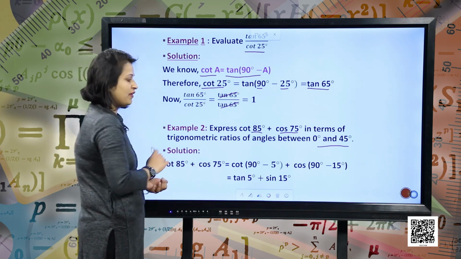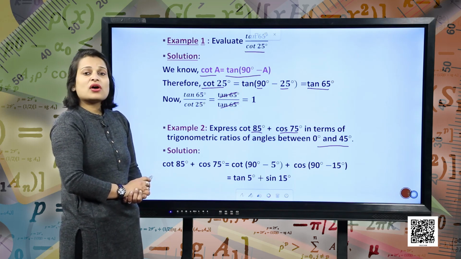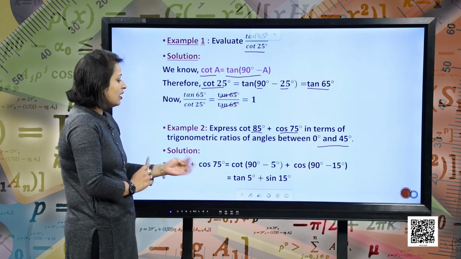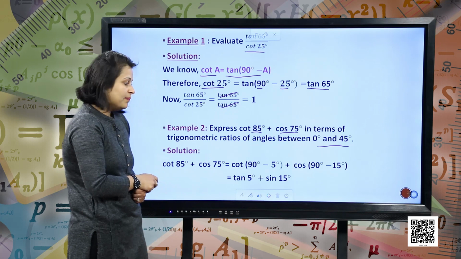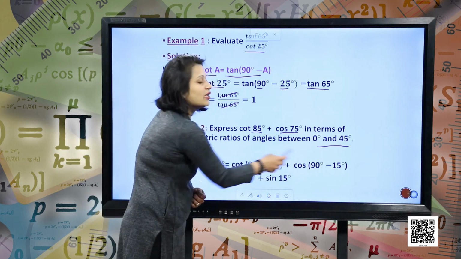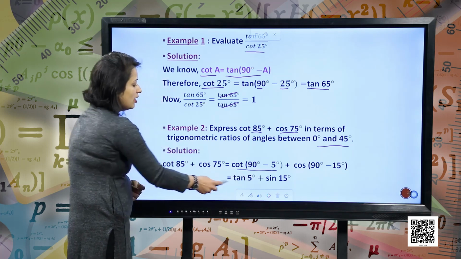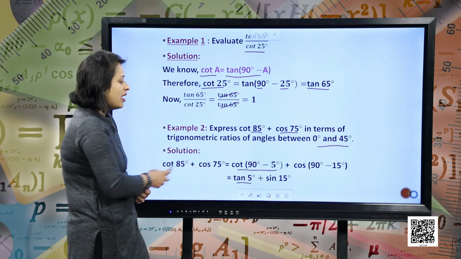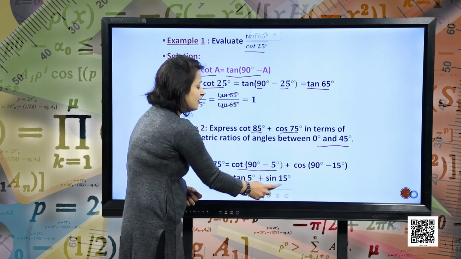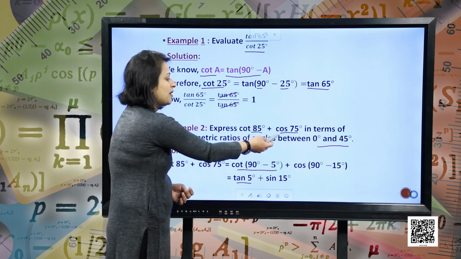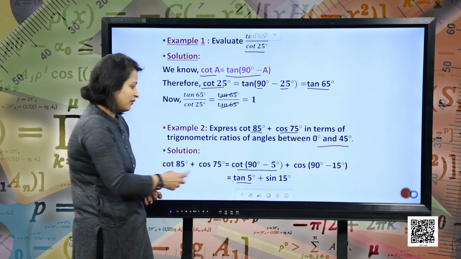And cos of 75 degree as cos of 90 degree minus 15 degree, because 90 minus 15 will give you 75. So cot of 90 degree minus 5 degree plus cos of 90 degree minus 15 degree. Now this function will give you tan 5 degree. And what will be cos of 90 degree minus 15 degree? It is sin 15 degree.